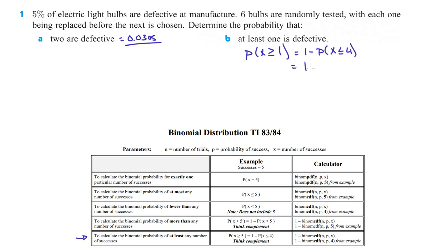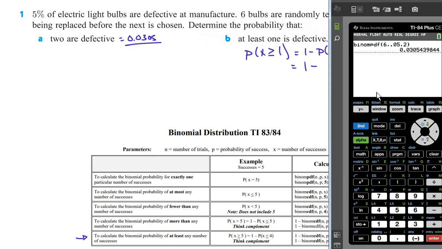Okay, so in our case here, we're going to do 1 minus the probability of x is less than or equal to 4. So we're going to do the binomial CDF on this one. Okay, so we do second variables, which is the distribution. This one we go down to, I think it's B.